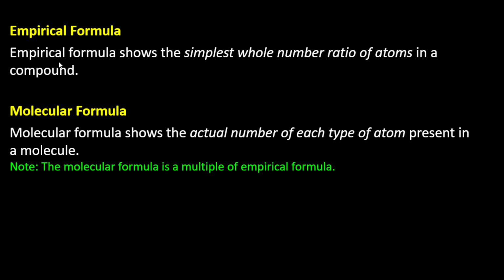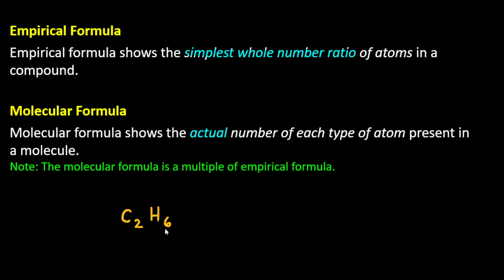For example, let's say ethane, which has the formula C2H6. This is the molecular formula because it's not showing the simplest whole number ratio yet. It is actually showing the actual number, okay? So this is your keyword here, and for the empirical formula, the simplest whole number ratio is your keyword, okay?